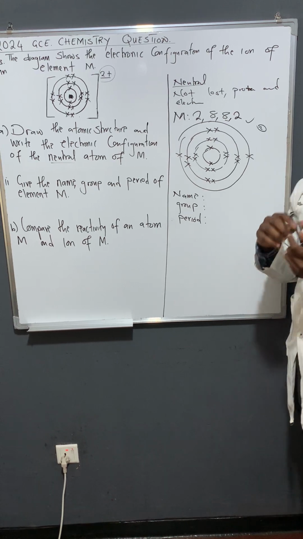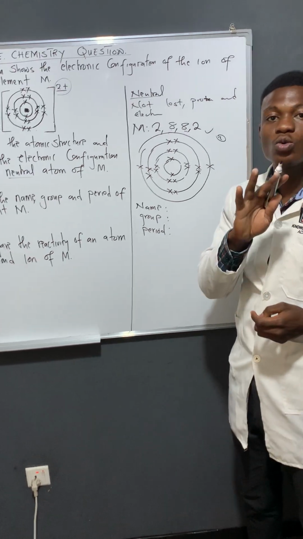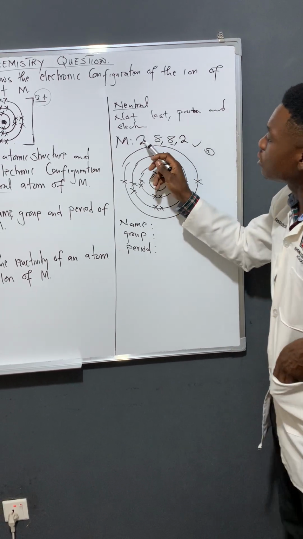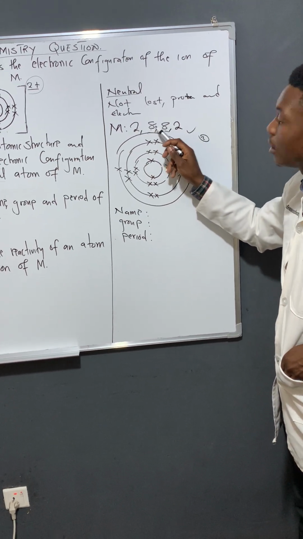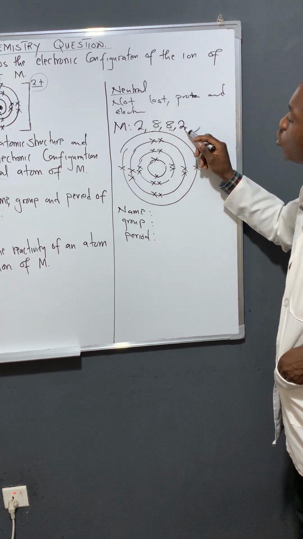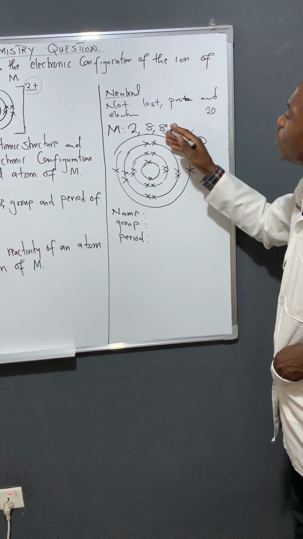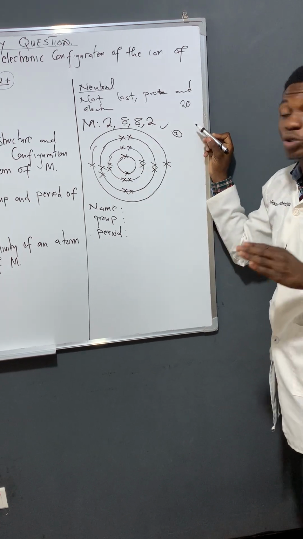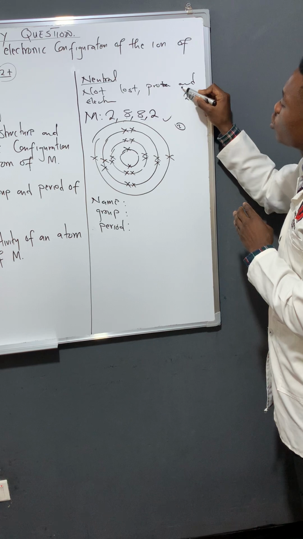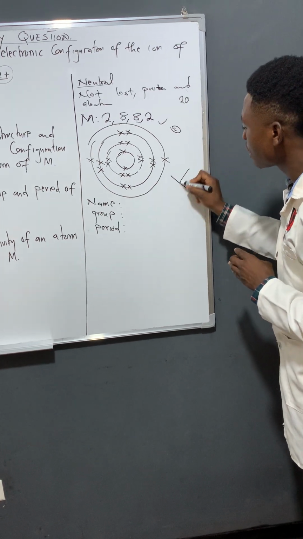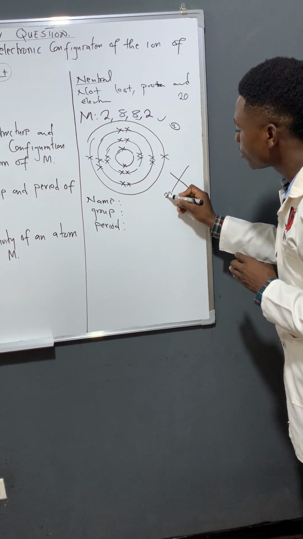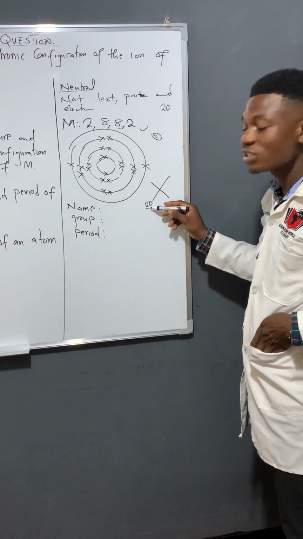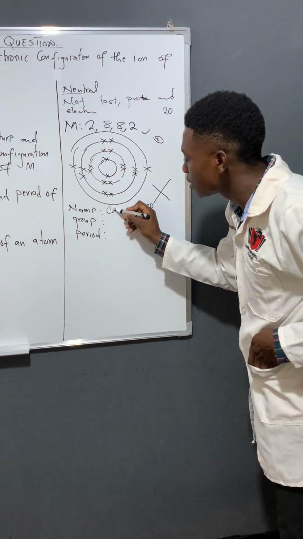You count how many electrons you have altogether: 2 plus 8, 10, plus 8, 18, plus 2, this is 20. So you go on the periodic table and look for the element which has 20 electrons. When you find the one which has 20, it is calcium.